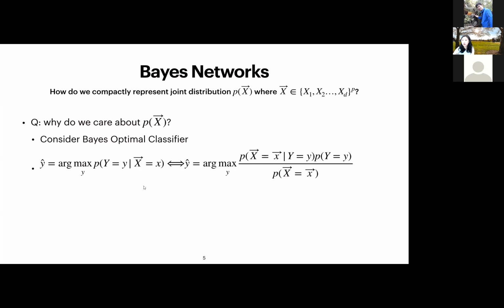Now, if you just write it using the chain rule, very easily it can be rewritten as y being the argmax of the conditional probability of x given y, multiplied with the marginal distribution of y, divided by the marginal distribution of x. Okay, so this is the very simple chain rule.